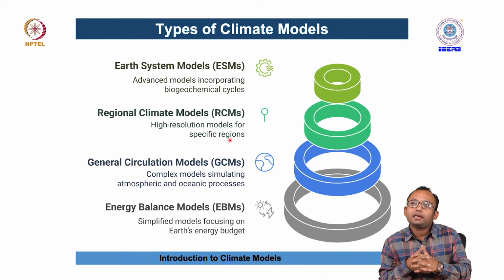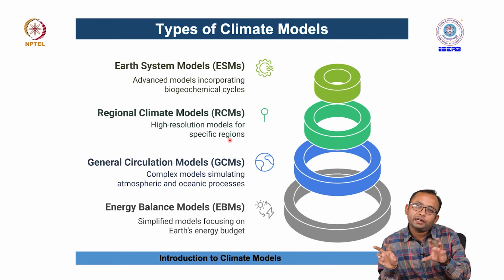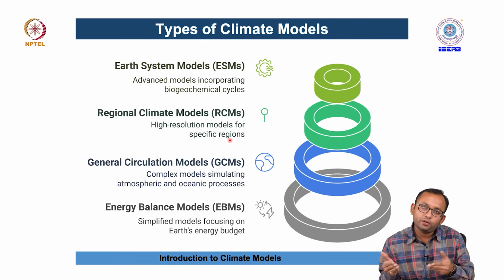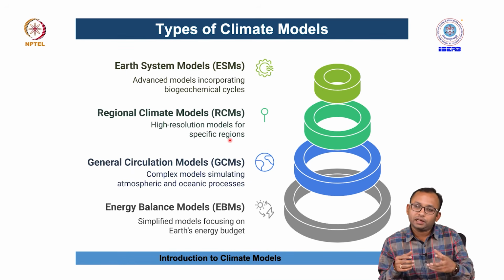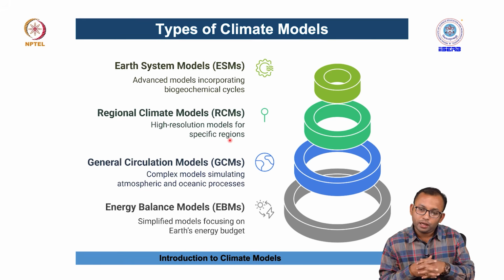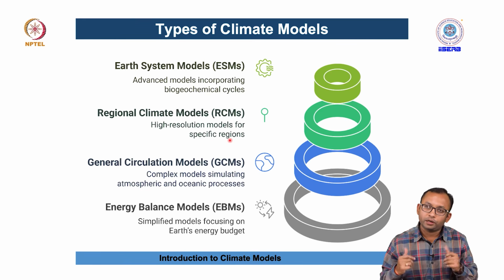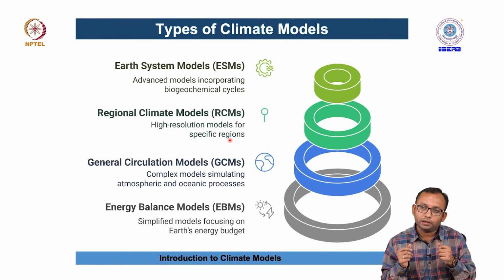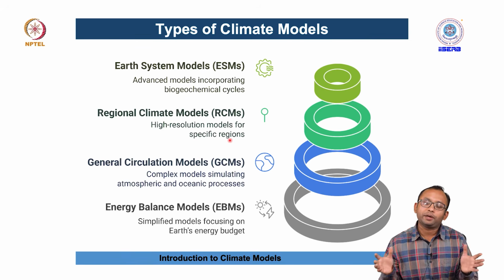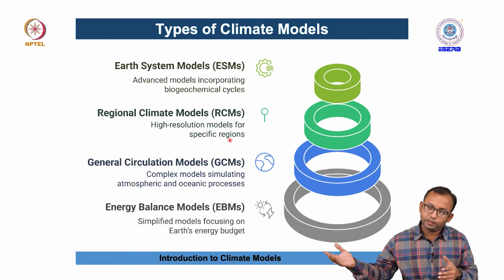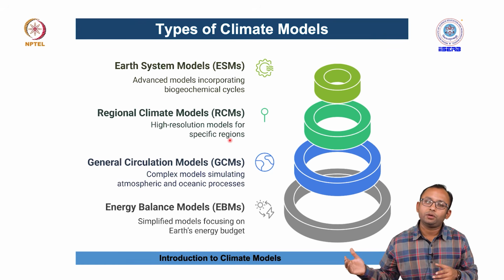So these are the areas where, if we are interested in what is likely to be the condition in the future scenario based on a high resolution data set, we use some sort of regional climate model, and that gives more detailed information about how the climate variables are changing given different emission scenarios.